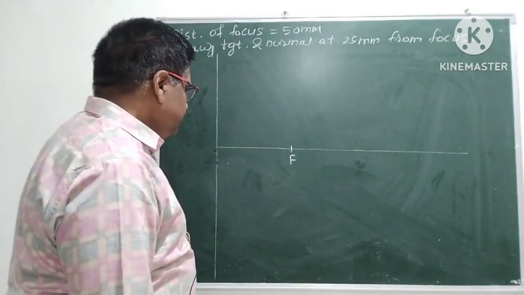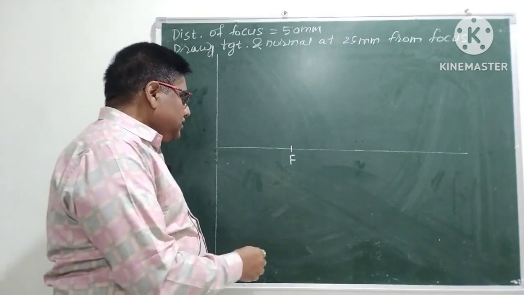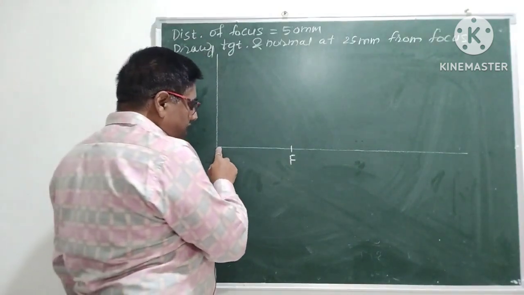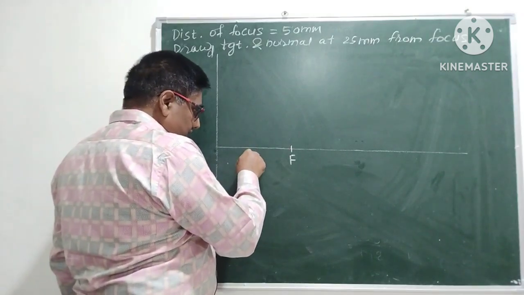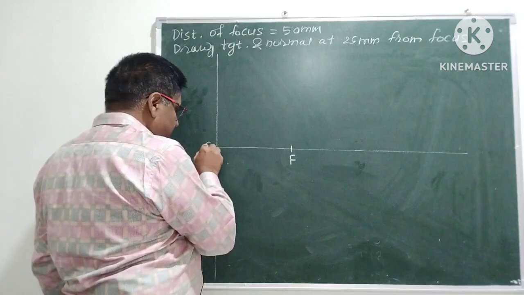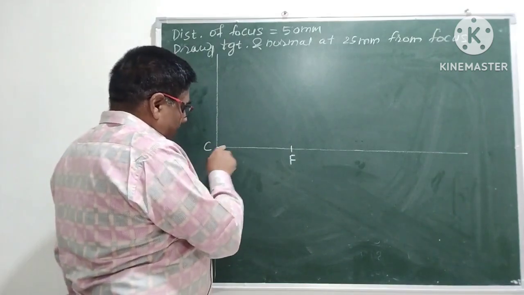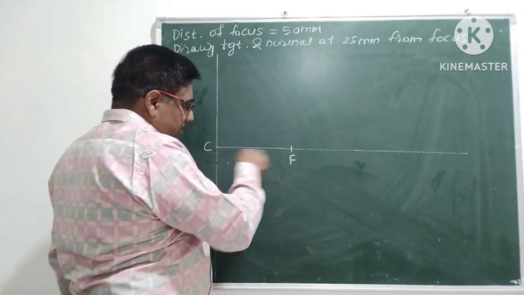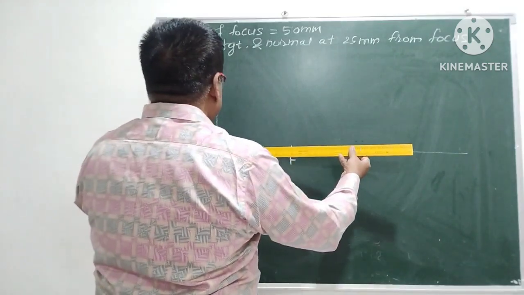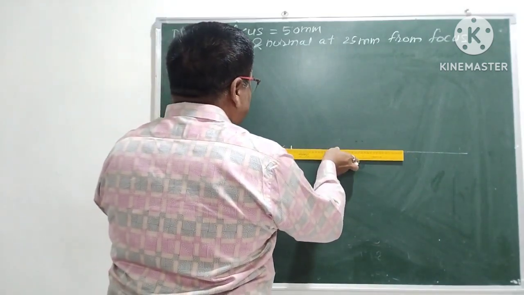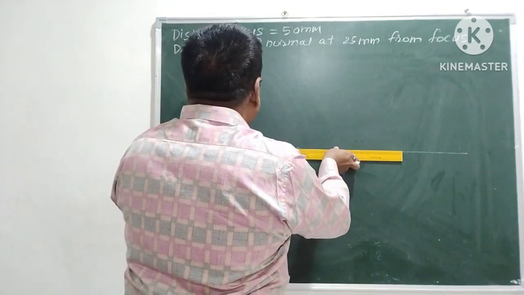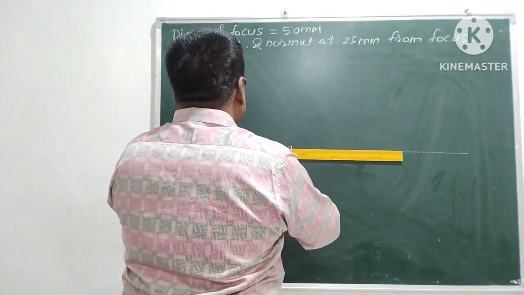Now let's locate the vertex for this parabola. The vertex will be at the center point, that is the midpoint of this line segment. Let us call this point C. It will be at the midpoint of the CF segment, at 25 mm distance.